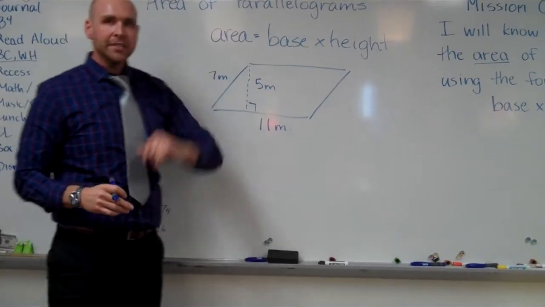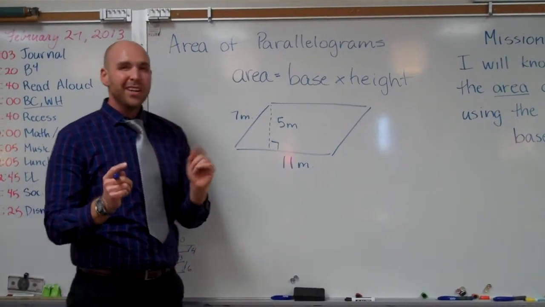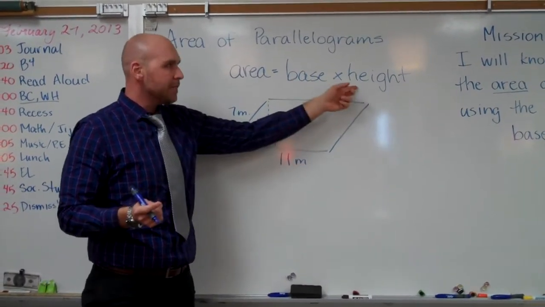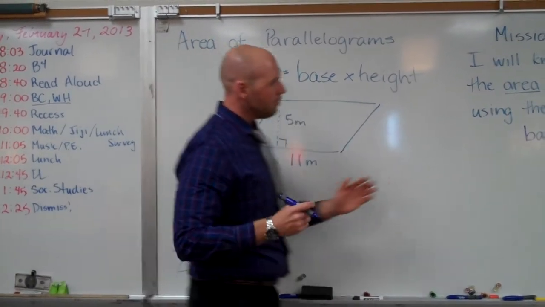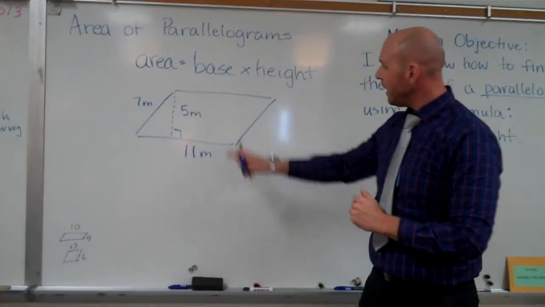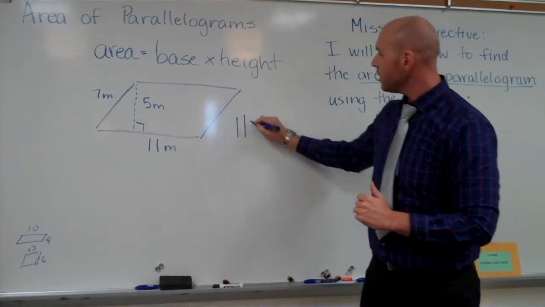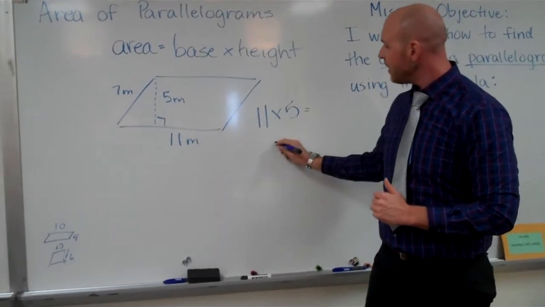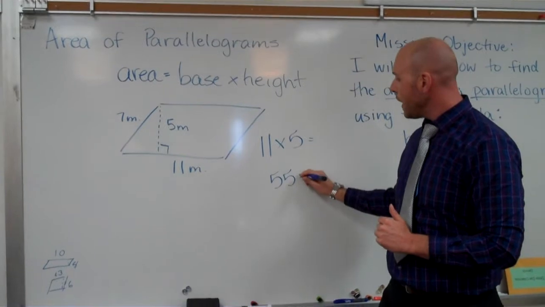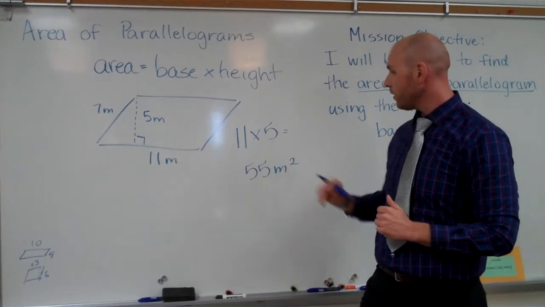So you have a choice to make. You have a side, you have a base, you have the height. Remember, your formula is base times height, not base times side. So you're going to take your base, which is 11, times your height, which is 5, and your area then is 55 meters. And don't forget, it's meters squared.